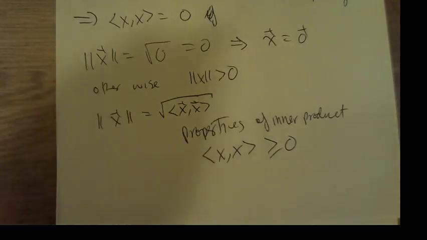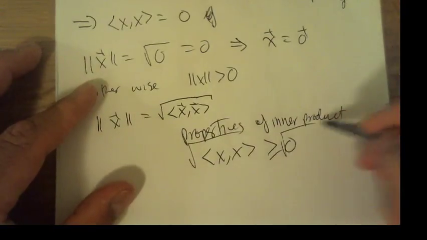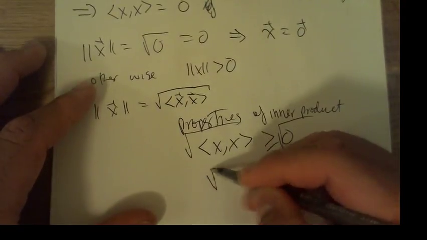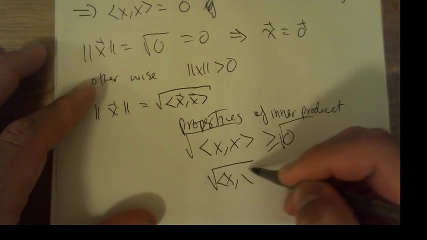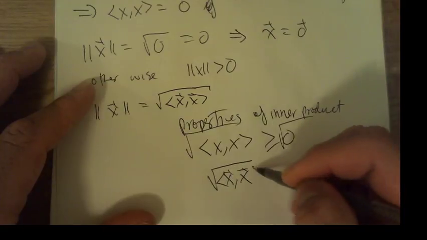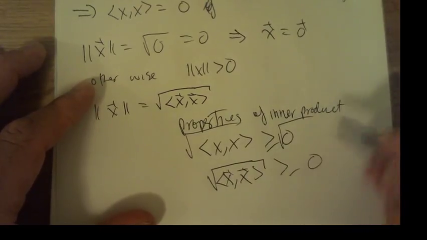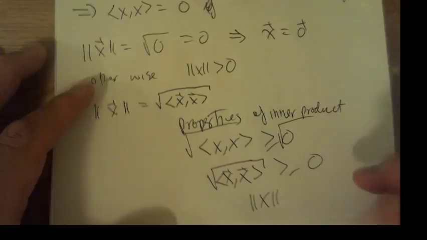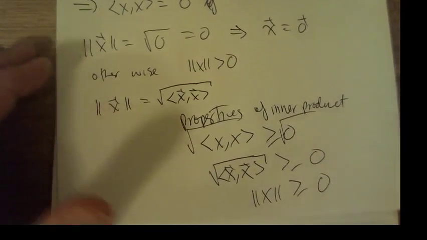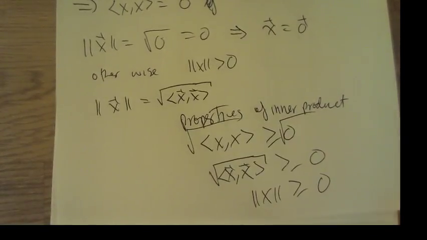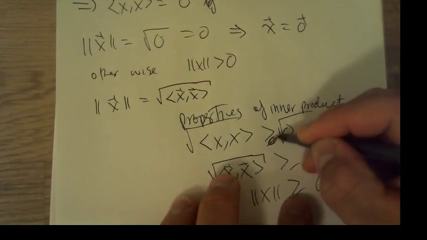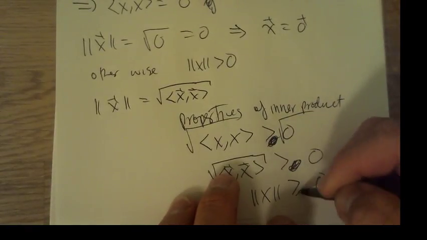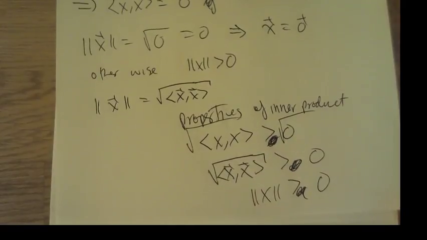This has to be true, and again, if working with this inequality, if we take the square root of both sides here, zero, or in other words, the norm of x is positive, or always greater than, oh, excuse me. We're assuming it's not the zero vector.